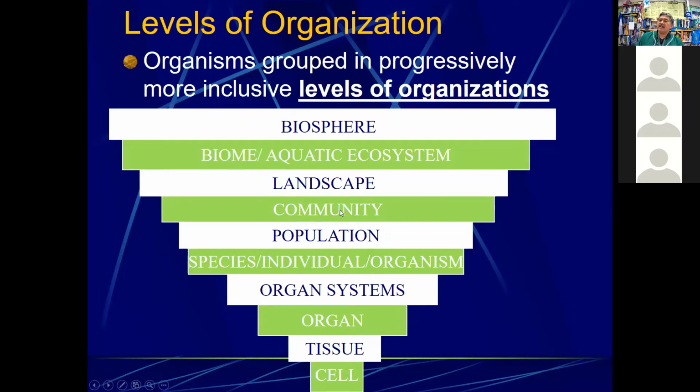If you take a look at the different communities that an organism, say a migratory organism, might live in, that's called landscape ecology.